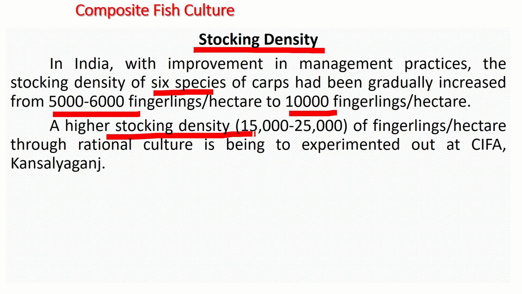A higher stocking density of about 15,000 to 25,000 fingerlings per hectare through rational culture is being experimented at CIFA.